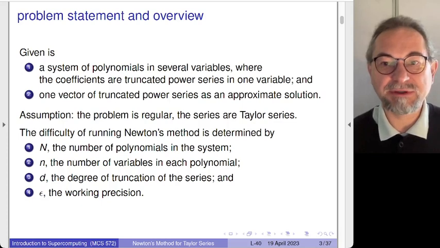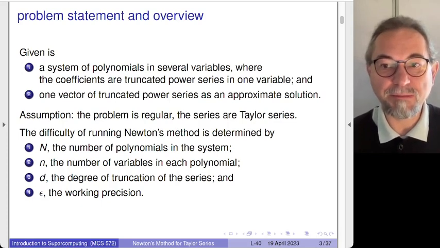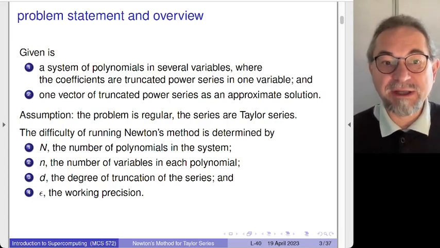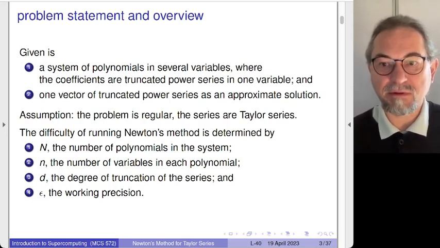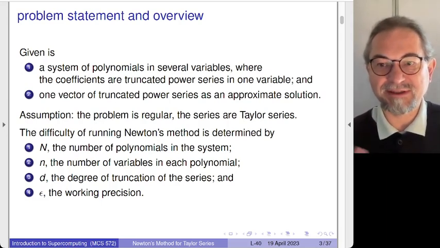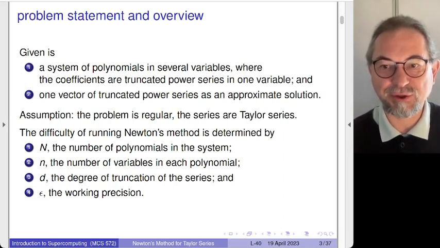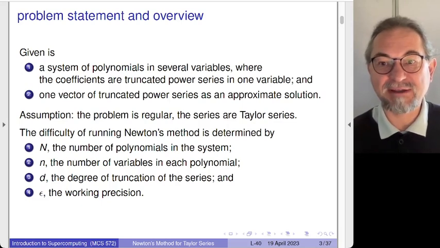Okay, so here is the general problem. We have a system of polynomials in several variables. The coefficients are truncated power series in one variable. So we have many variables and the one variable coefficients. If you like, truncated power series is another word for polynomial. And the word polynomial here could also be seen as a truncated power series.